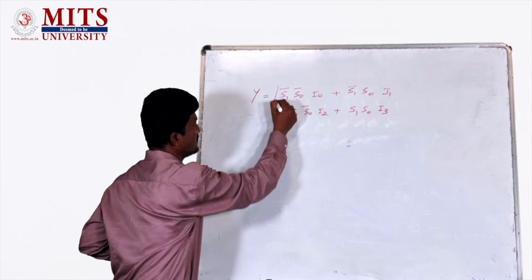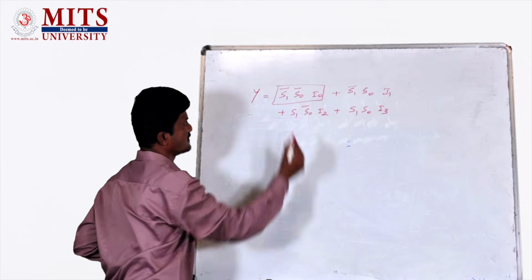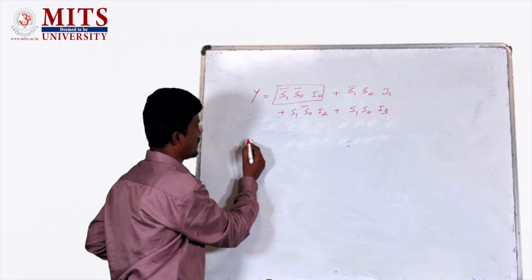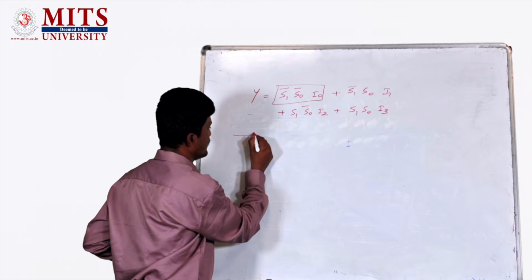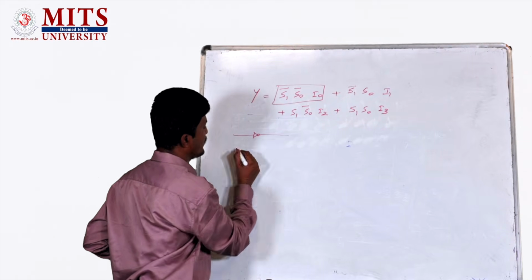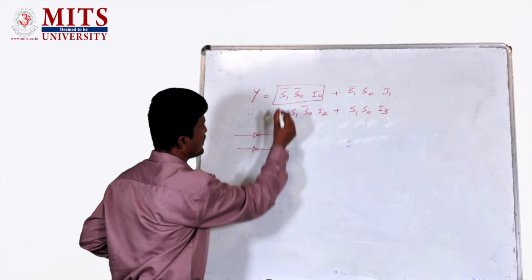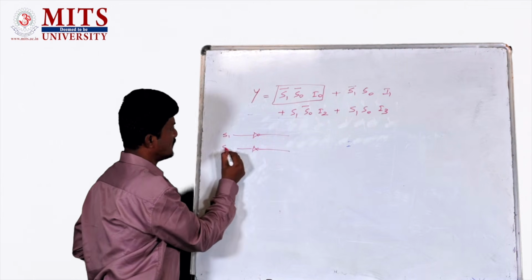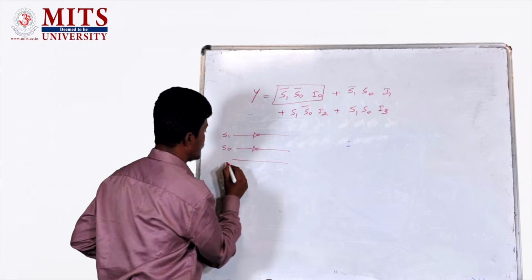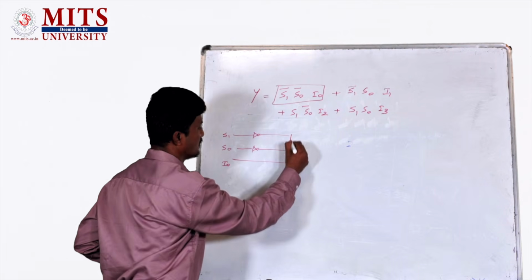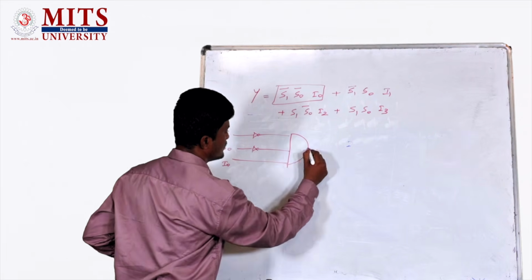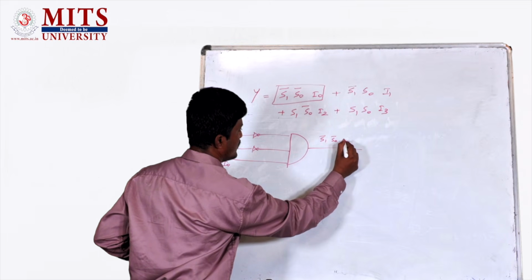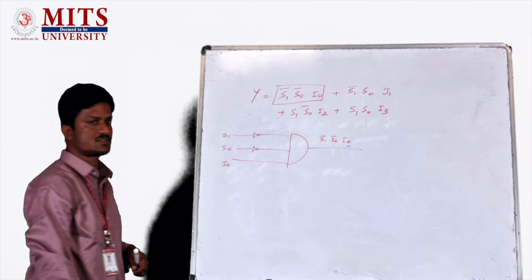The first term consists of three variables, so all of it is a product term. So I am going to use a 3 input AND gate with 2 inverters. The inverters are for S1 and S0. The other input is the data input. The output of that 3 input AND gate is S1 bar, S0 bar, I0. This is the first term realization.